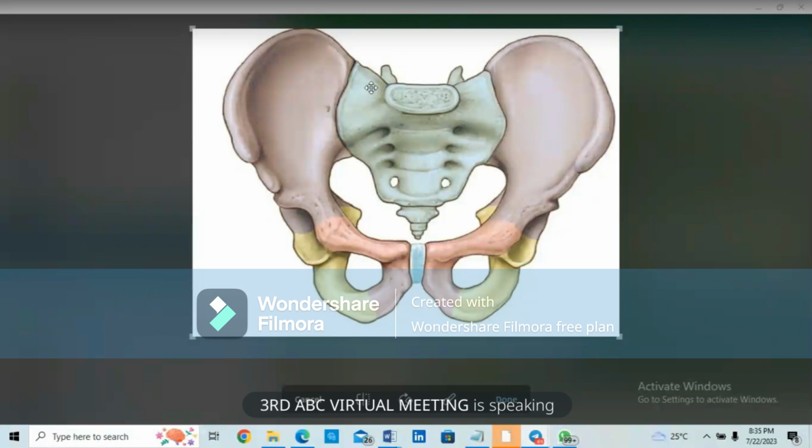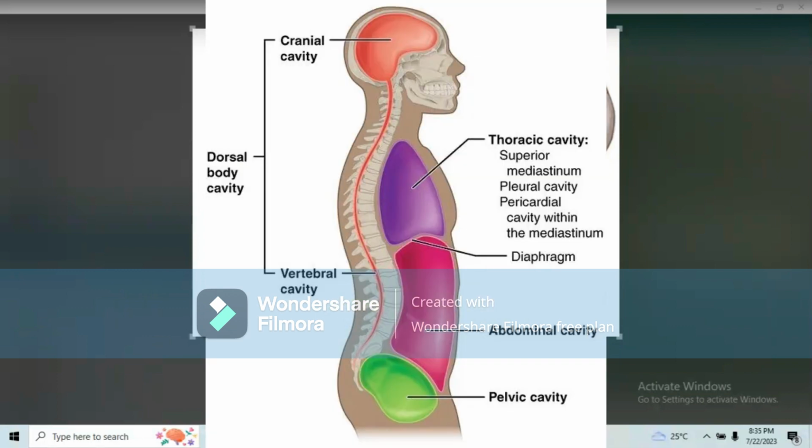If you notice, your abdominal wall extends to this brim of the pelvic girdle. So the pelvis is said to be inferior and posterior to the abdomen.